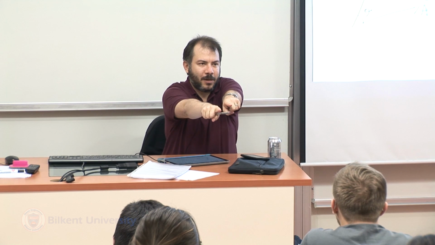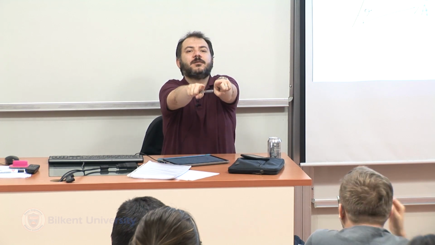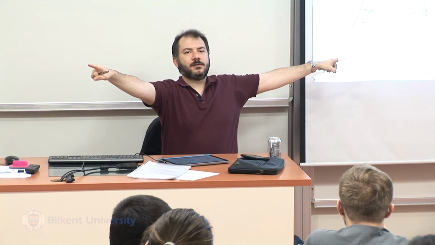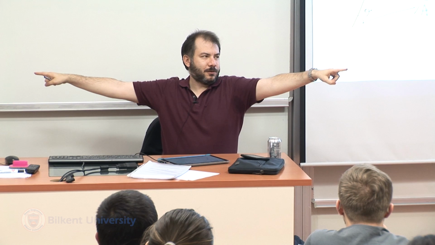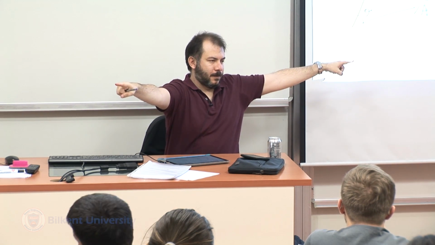When will the dot product of 2 vectors be 0? The dot product of these 2 vectors will be 0 when they are at right angle to each other. Okay? And when will it be minimum?